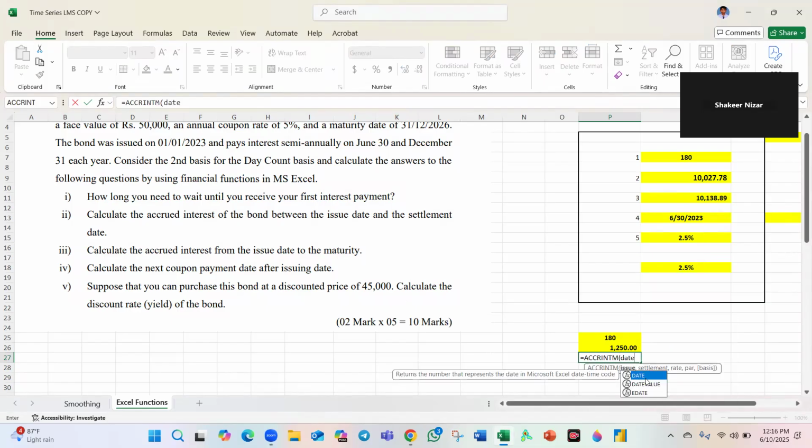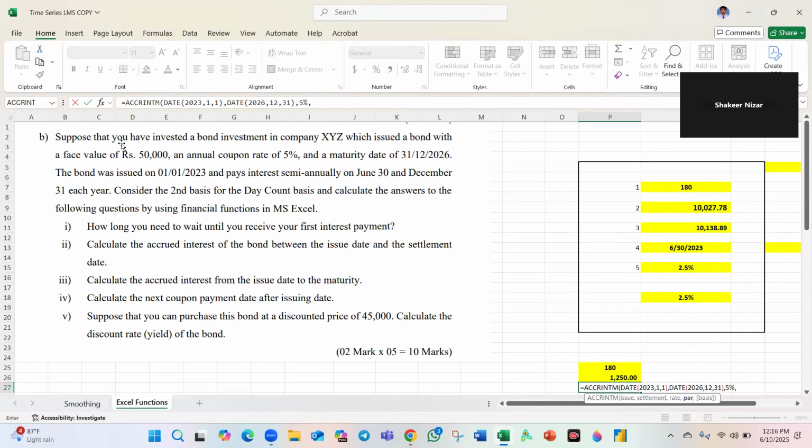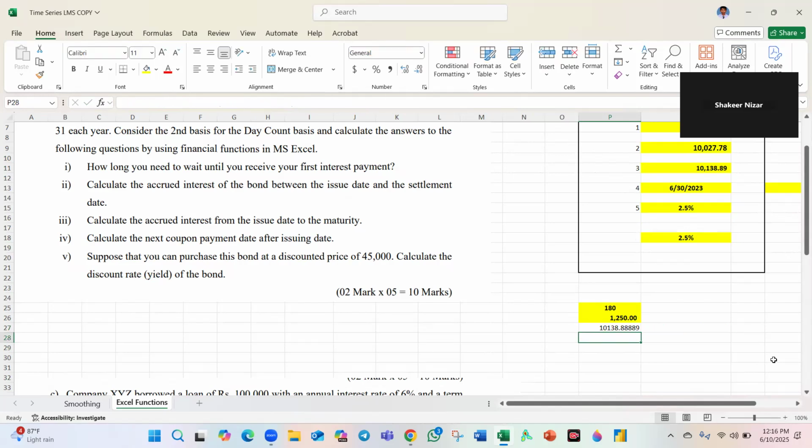The issue date is 2023 January 1st, and the settlement date is the maturity date, 2026 December 31st. The rate is 5%, the par value is 50,000, and the basis is 2. You can calculate the same answers easily.